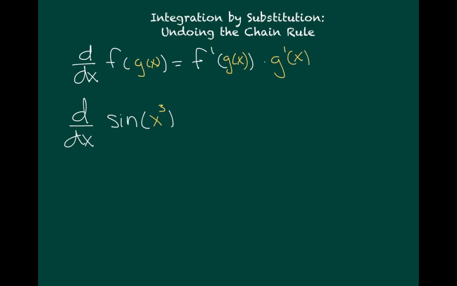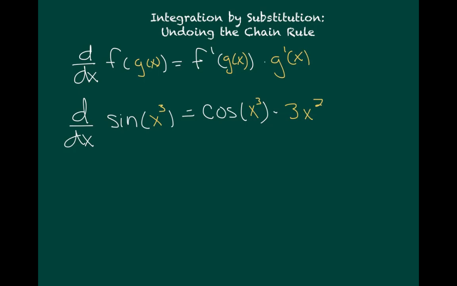So that looks like, in our example, we take the derivative of sine, which of course is cosine, and we're not going to change the inside function, x cubed. But then we'll multiply by the derivative of the inside function, which is of course 3x squared. So when we are integrating and moving backwards, notice that we would be starting with the derivative.